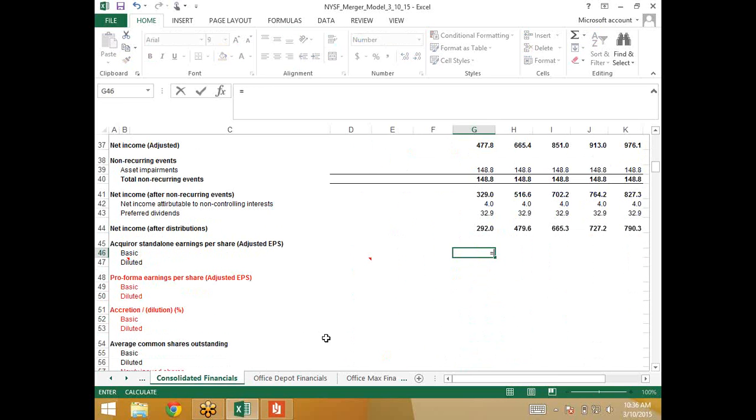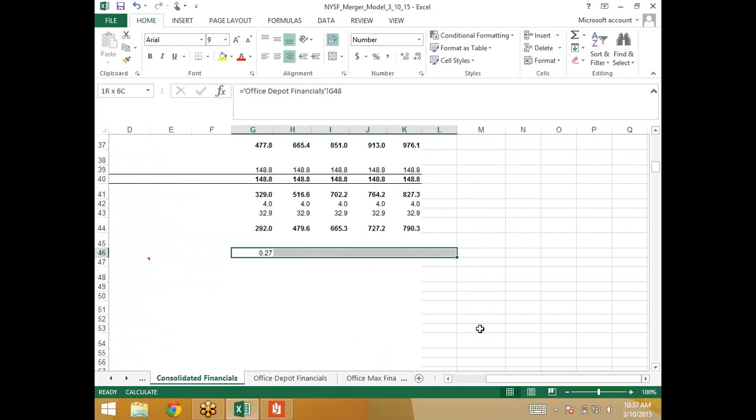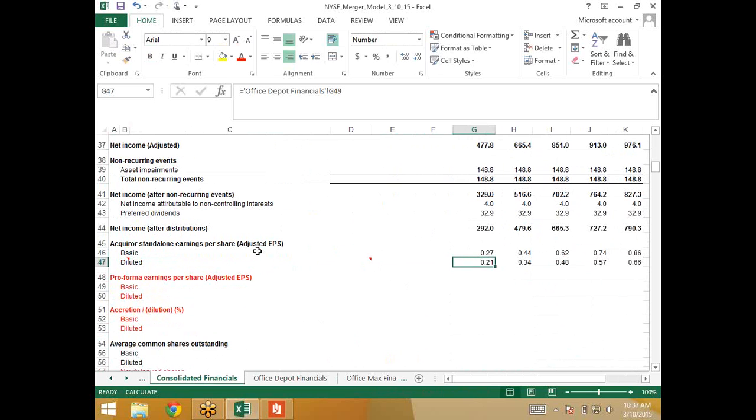So I'm going to pull in the 27 cents and the 21 cents. I think that's the right column, G. Right?